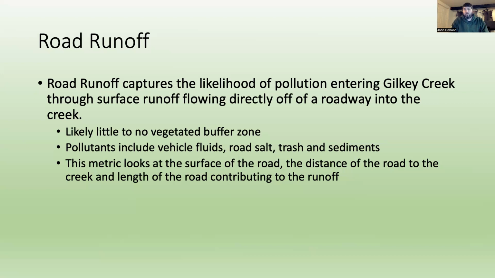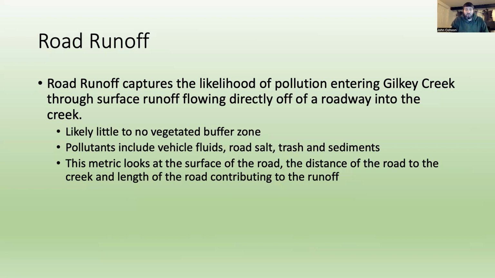Because certainly we can always find a road that is parallel to Gilkey Creek, but if that road is 200 or 300 feet away from the stream bank and there's a park in the middle, that road isn't likely contributing a lot of surface runoff, because you've got all of that landmass to buffer and filter out some of that stormwater.